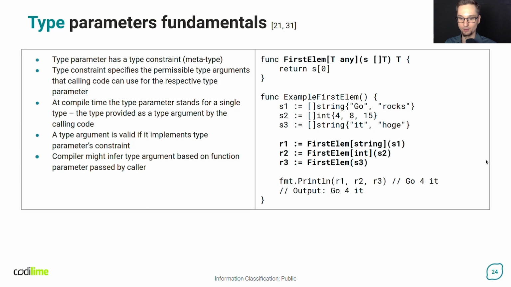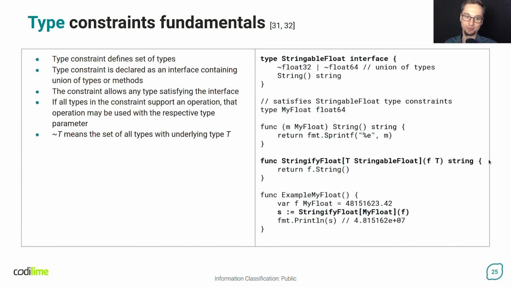Okay, let's talk about type constraints a little bit more. A type constraint defines a set of types. It could define a set of one type or multiple types, basically all the types in Go. A type constraint is declared as an interface containing a union of types or a list of methods. Here at the right side we have a defined custom type constraint, stringable float, which uses both of those techniques.